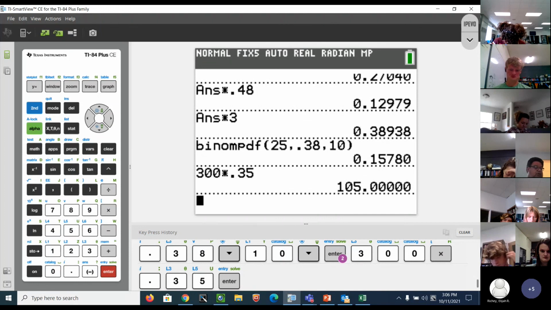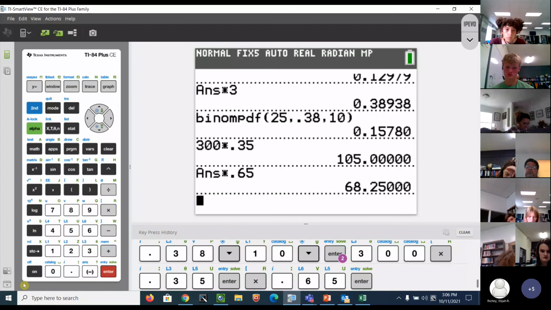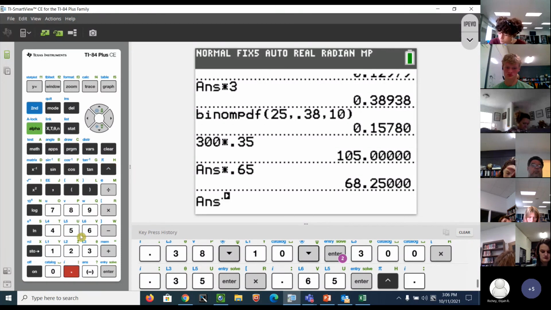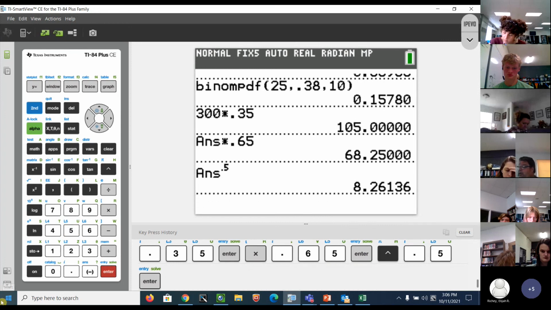Well, Q is the complement of P. So we're going to multiply that by 0.65. And that's 68.25. Variance is equal to 68.25. And raise that to the 0.5 power. And that's 8.26.